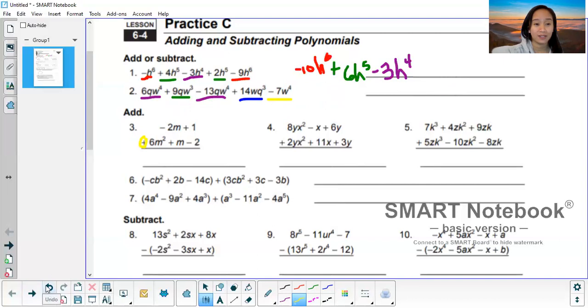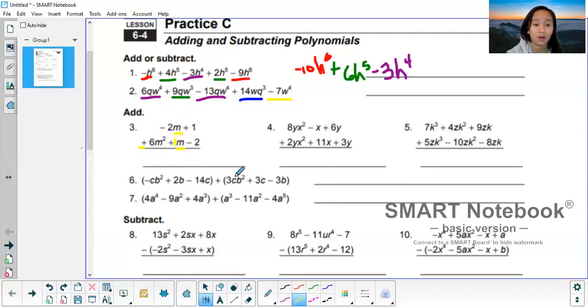Oops, I erased the plus sign. So that plus sign. Okay, now you don't have any other m squared, so you just copy that one, 6m squared. Now for the m, because you can combine them. So what's negative 2? Take note, plus 1.